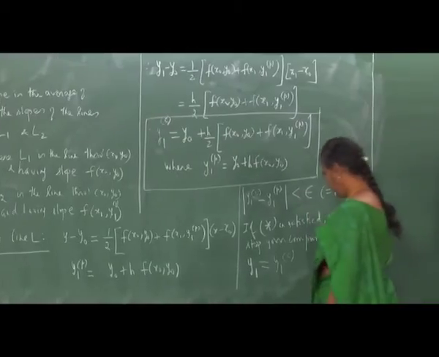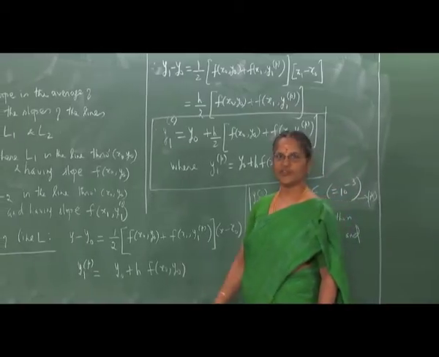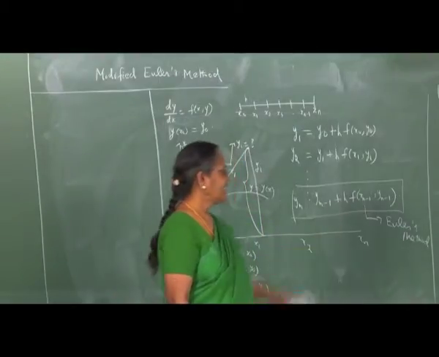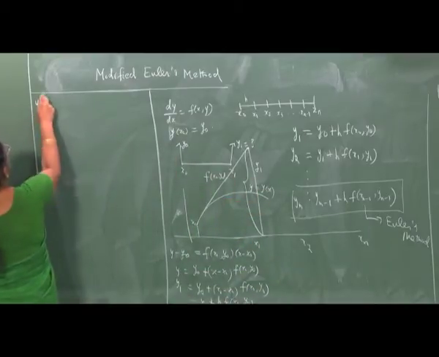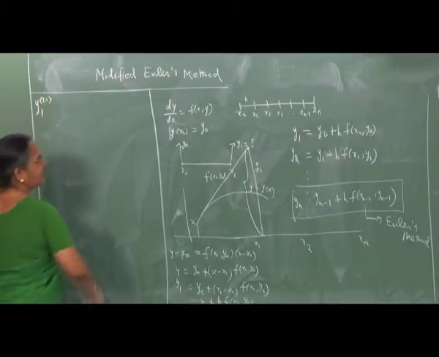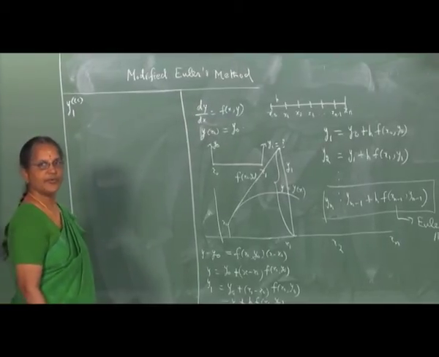If suppose star is not satisfied, let us see what has to be done. In that case, we write down y1 second corrected value and compute this value.